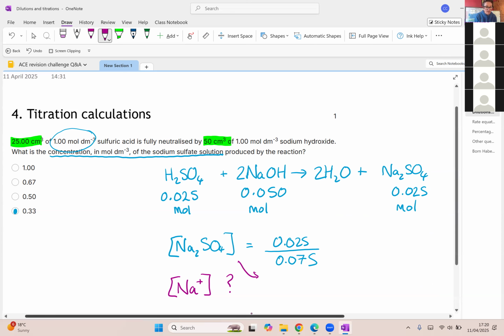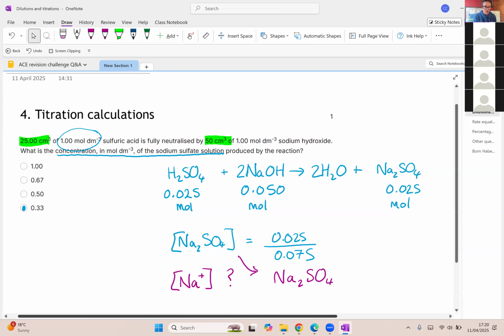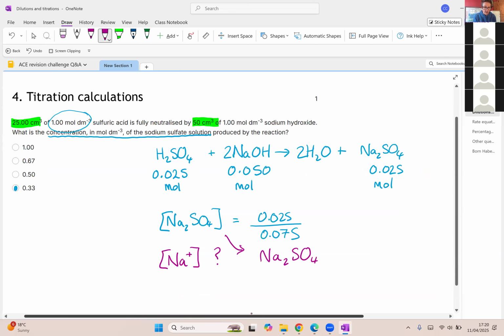Okay. So take that formula, Na2SO4. When you dissolve it, you know what happens to H2SO4. You've written that a lot because it's a strong acid, but this is an ionic compound. So when it dissolves, think of when you're doing lattice energy.